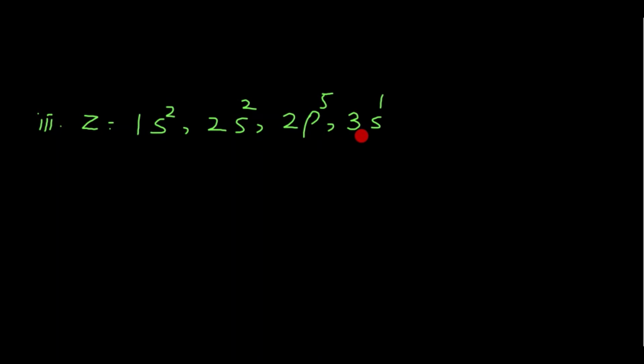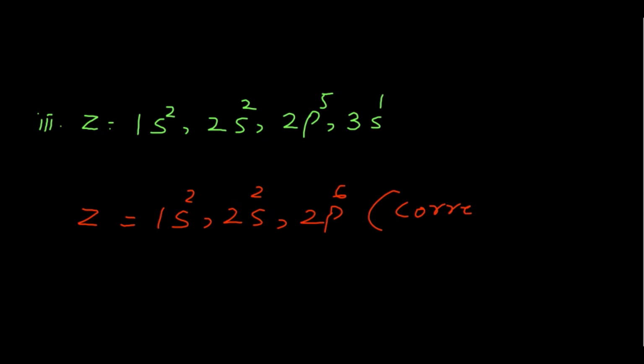Now we will write the correct electronic configuration for element Z. So the correct electronic configuration is Z is equal to 1s2, 2s2, 2p6. This is the correct electronic configuration for element Z. I hope this question is clear to you.